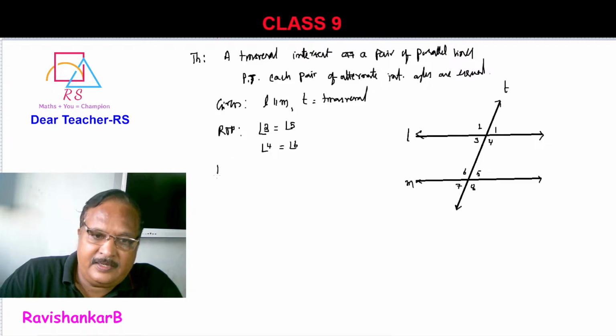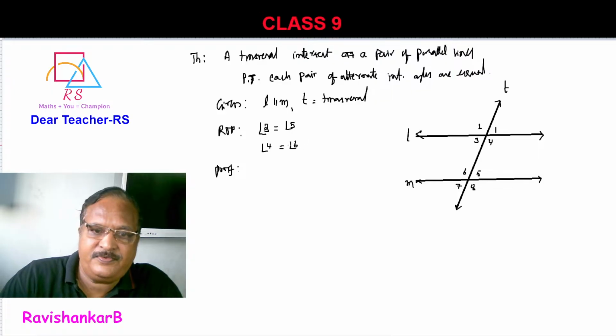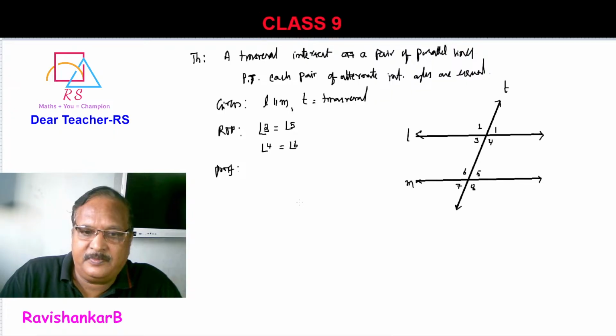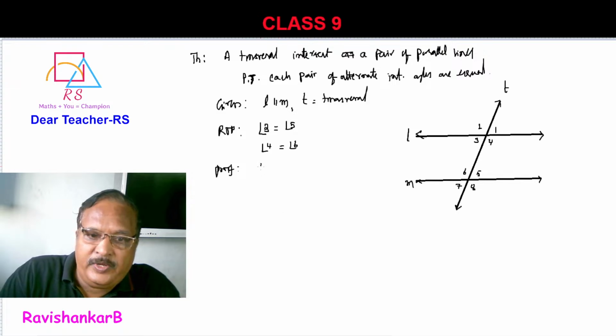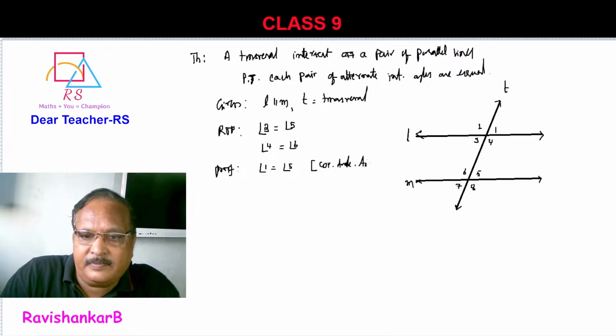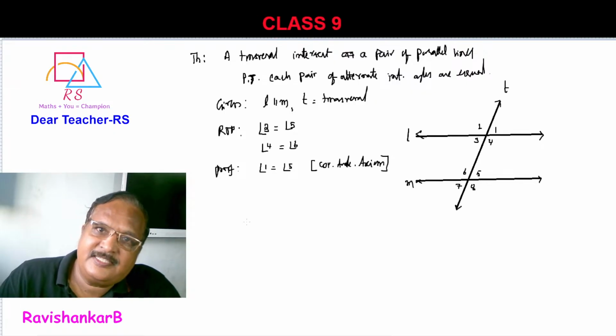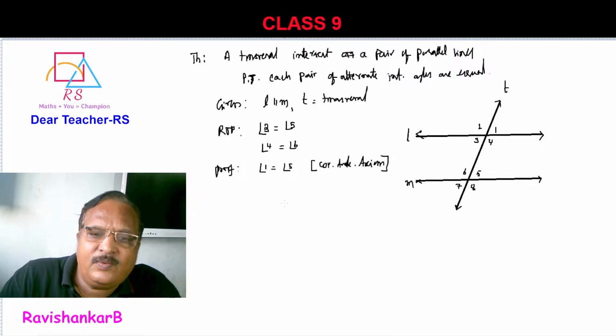So then let me go to the proof. Our target is to prove angle 3 is equal to angle 5. Now we have to use the corresponding angle axiom. Corresponding angles are equal. So we know that angle 1 is equal to angle 5. Corresponding angle axiom: when a transversal intersects a pair of parallel lines, corresponding angles are equal.